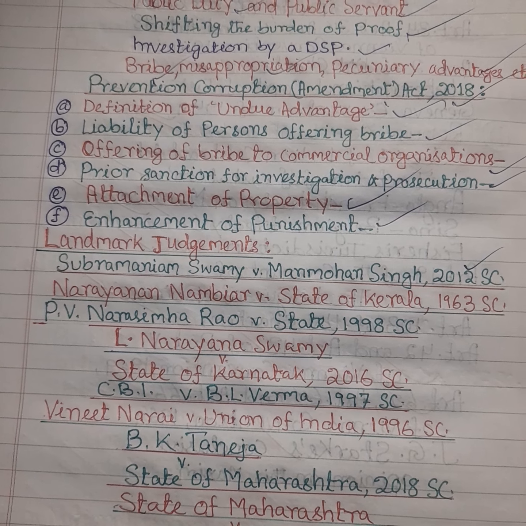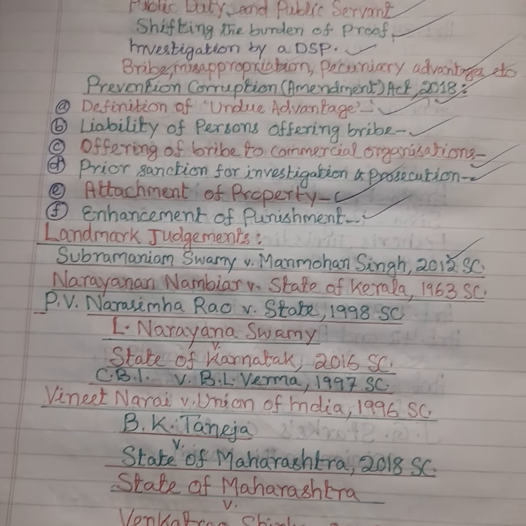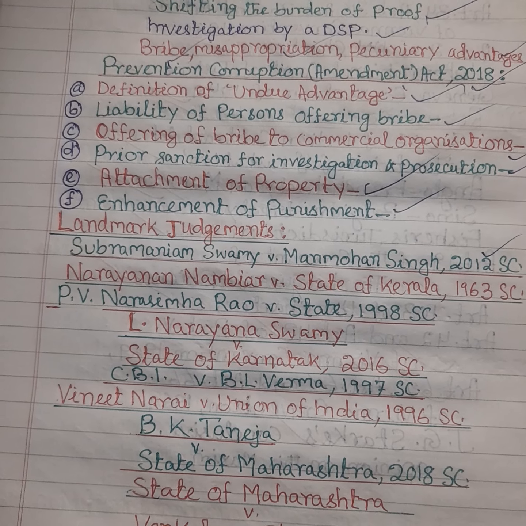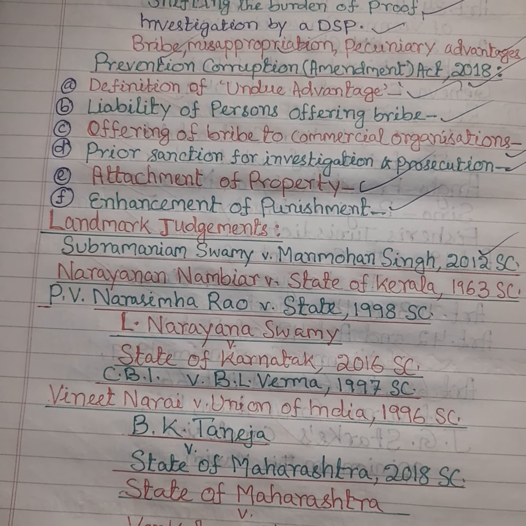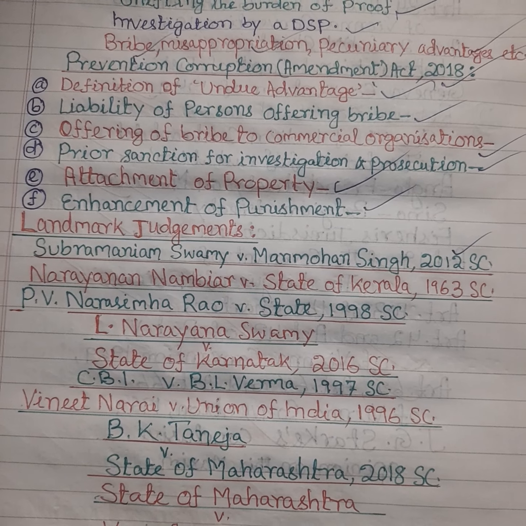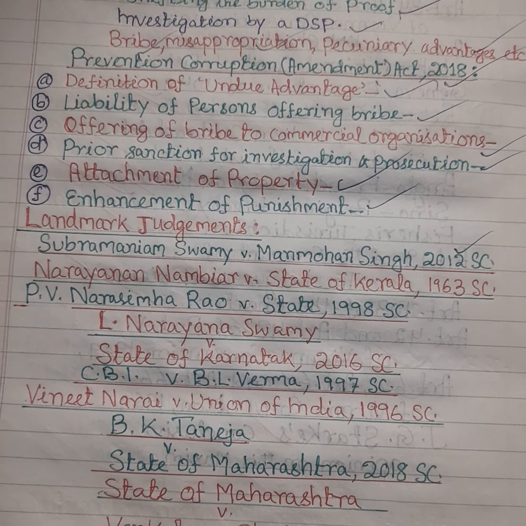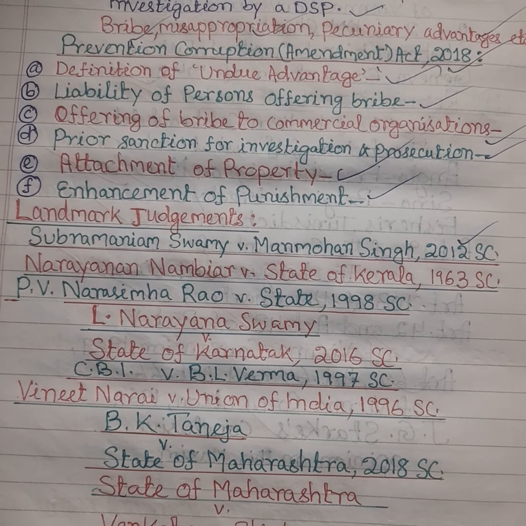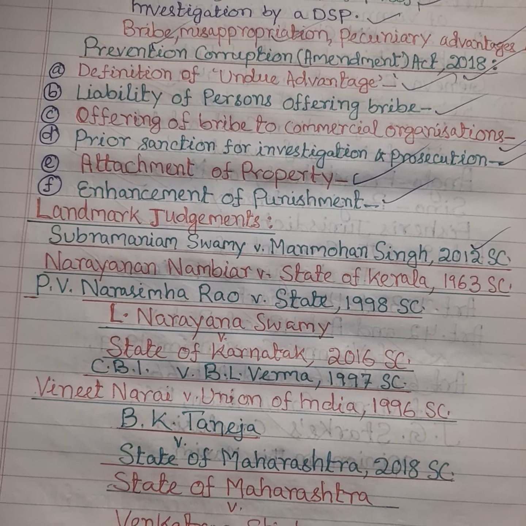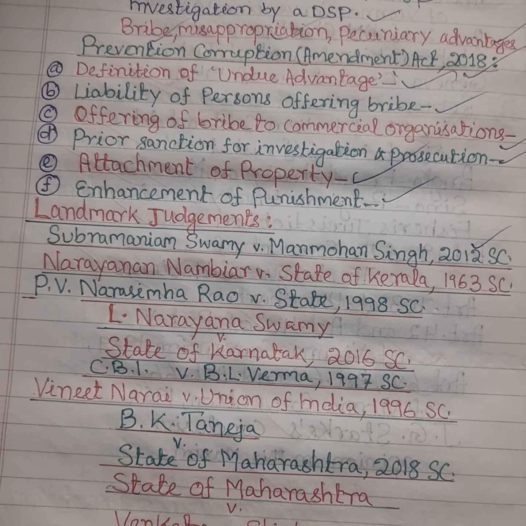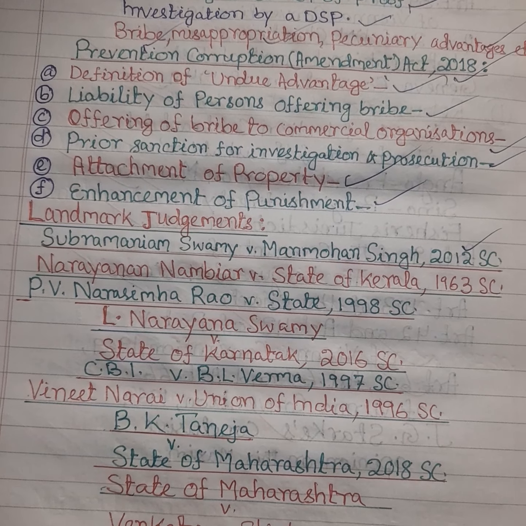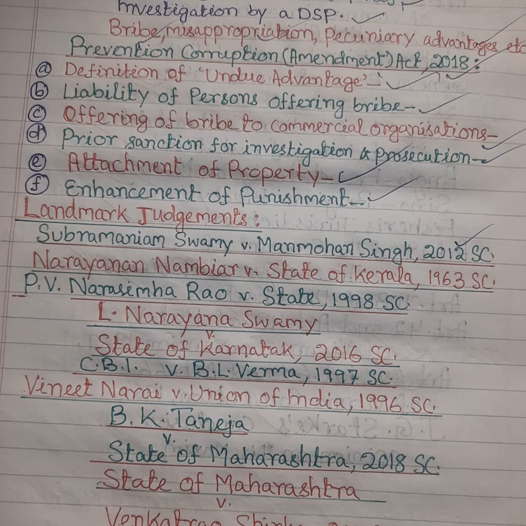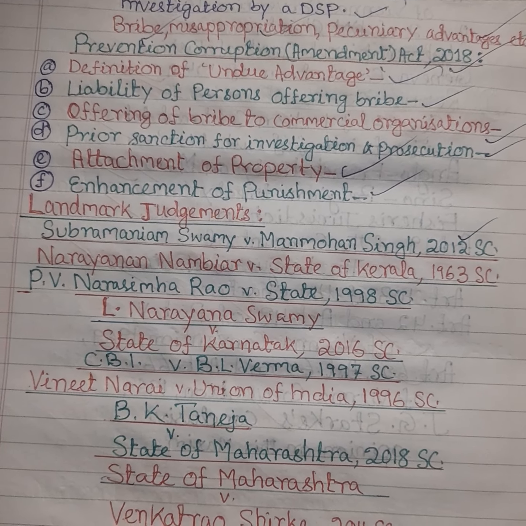Subramaniam Swamy had sought permission to prosecute the then telecom minister A. Raja in the 2G spectrum case. The Supreme Court held that undue delay in granting such sanction could lead to frustration of the intent of the Prevention of Corruption Act. This judgment emphasized the need for timely decisions to prosecute corrupt officials, highlighting that a delay could impede the fight against corruption.